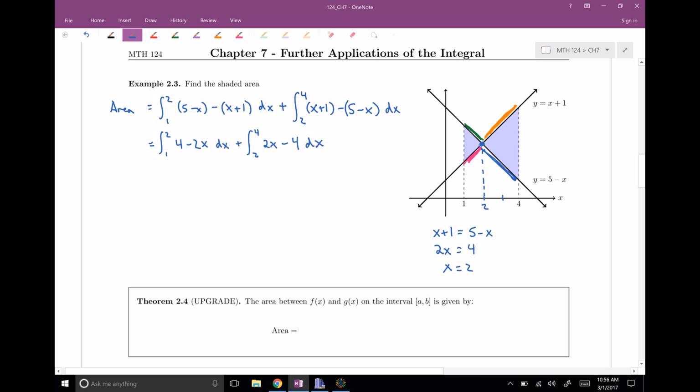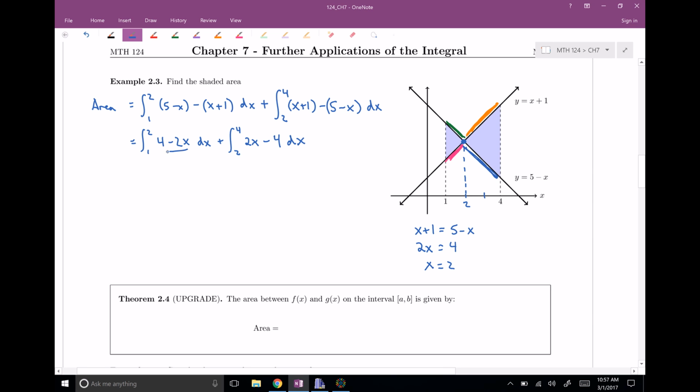Okay, now I'm going to go ahead and calculate out some antiderivatives here. So this one maybe right here, if I consider this to be little f, then capital F is going to be equal to 4x minus x squared.